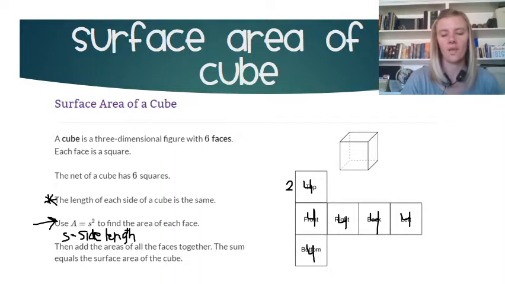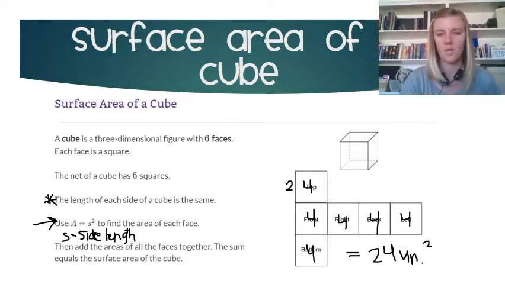Then I would just take my 4 and multiply it by 6 since I have 6 faces. And the total surface area would be 24 units squared. Sorry, we're not into volume yet. We're still talking about area.